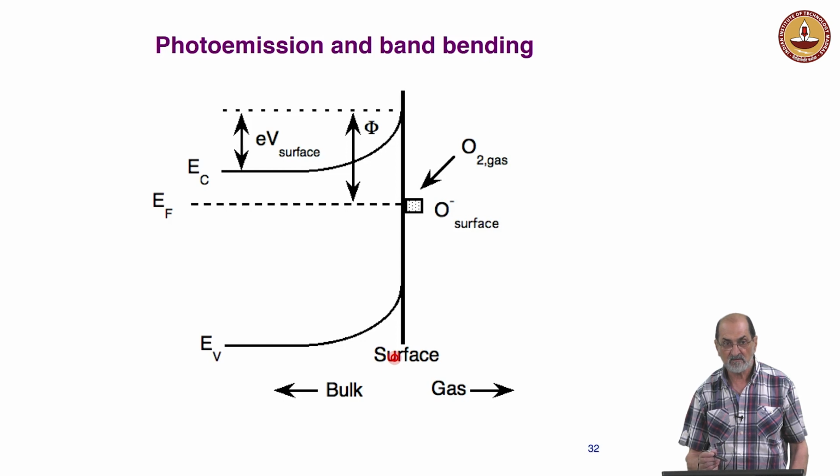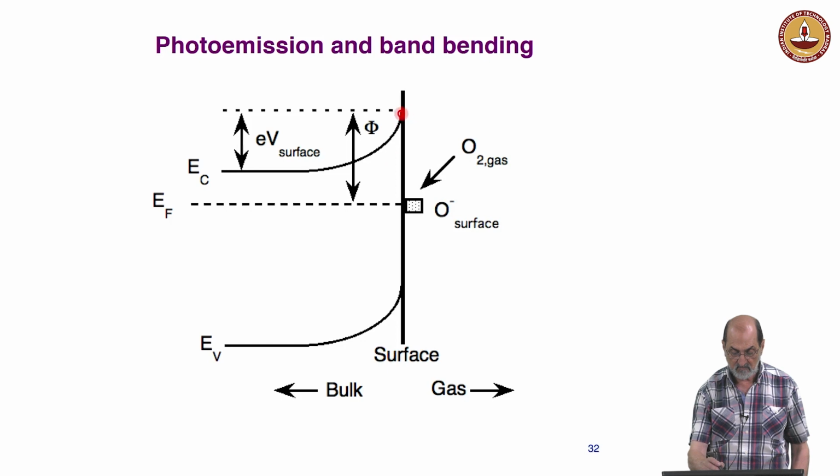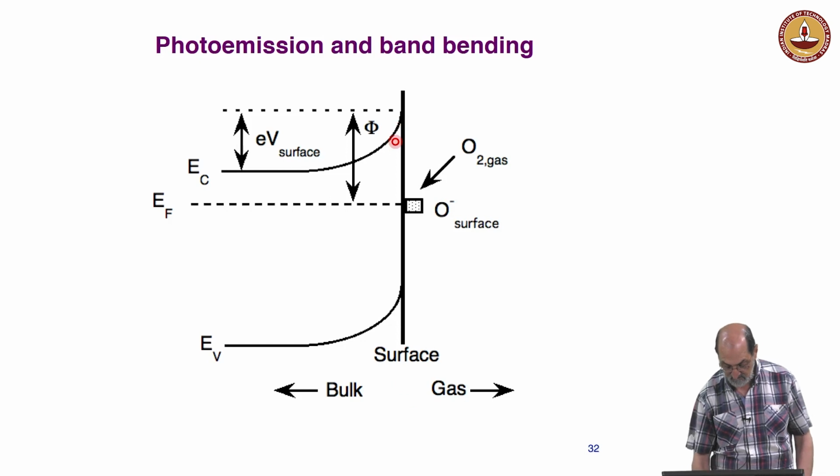As this level goes up, the internal level also follows the electrostatics of the system. So the position of the core levels measured through photoemission is going to change according to the band bending, right?